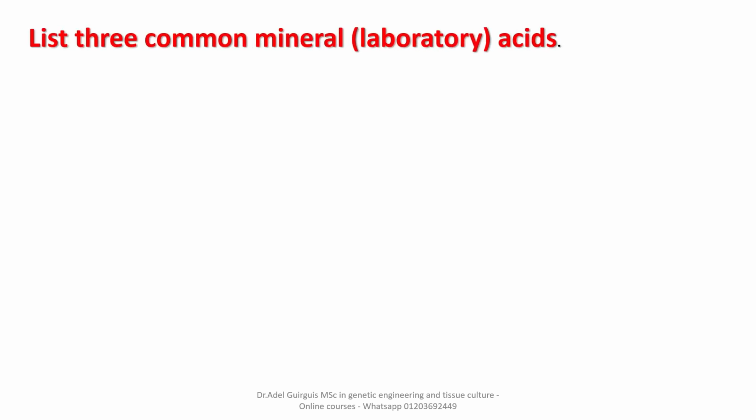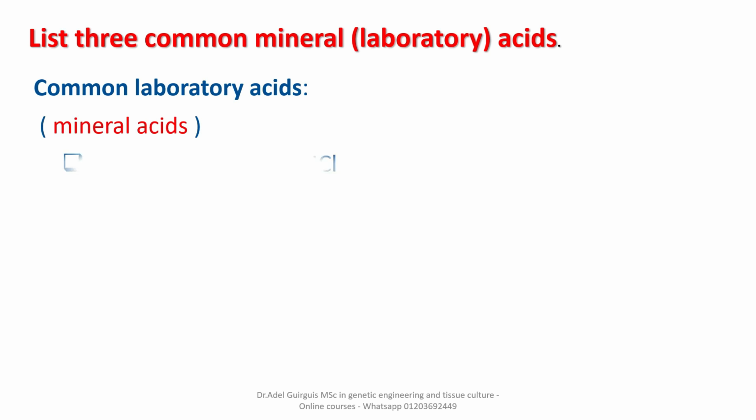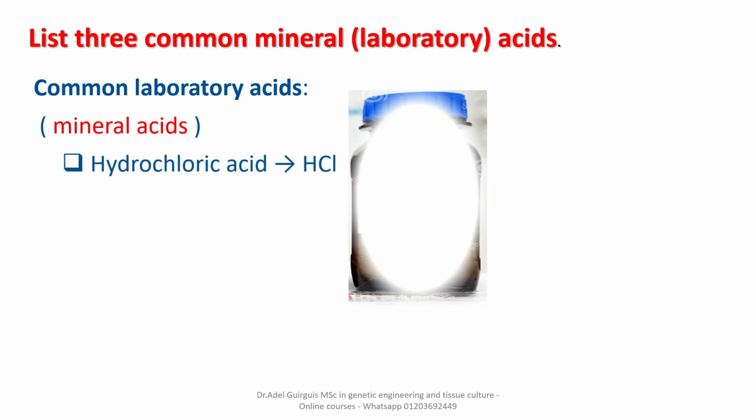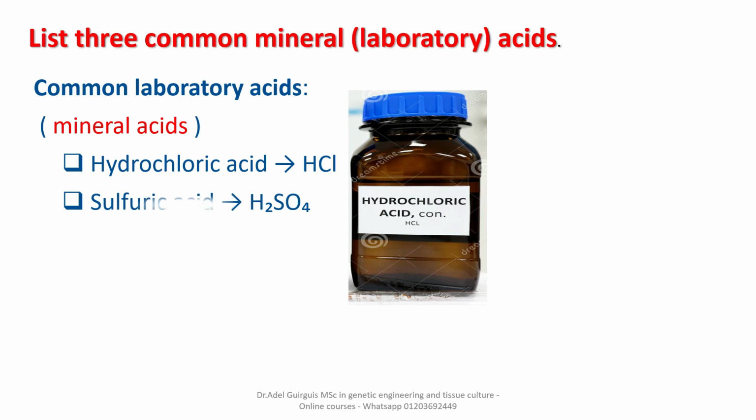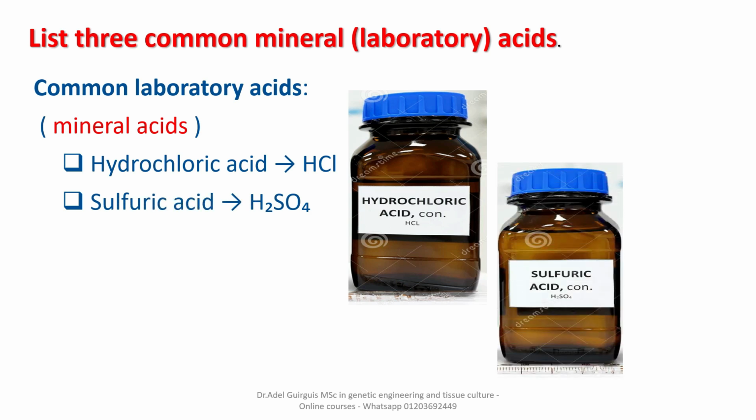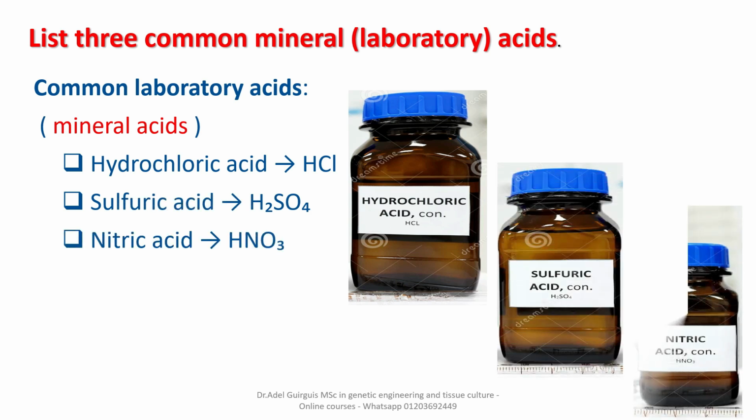They are common and you can see them on the shelf of a school chemical lab. They are called mineral acids, like hydrochloric acid HCl, like sulfuric acid H2SO4, like nitric acid HNO3. All of these acids are found in the lab, commonly used in our experiments.